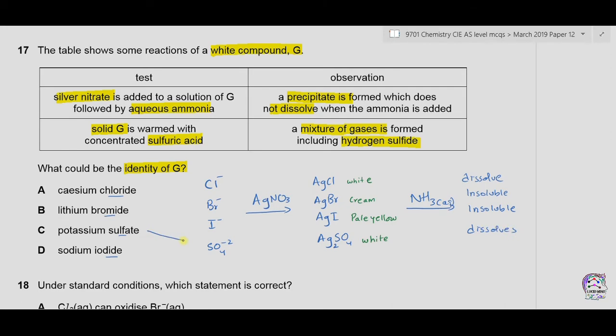For sulfate, the reaction is given here. For iodide, the reaction is given on this side. So according to the observation given in the question, it could be bromide or iodide. So lithium bromide is a possible option, or sodium iodide is the possible answer.